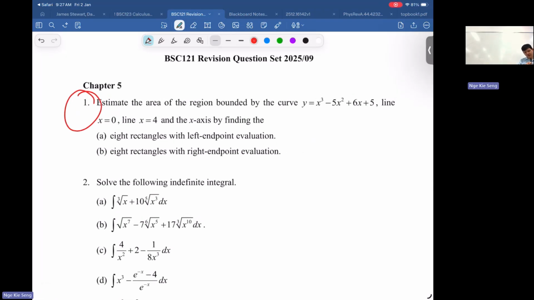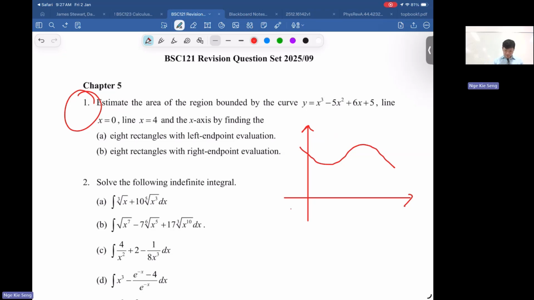Estimate the area of the region bounded by the curve y equals x cubed minus 5x squared plus 6x plus 5, and also the line. So I guess you can use a graphing calculator to help you to graph it, but we assume it's always positive here.